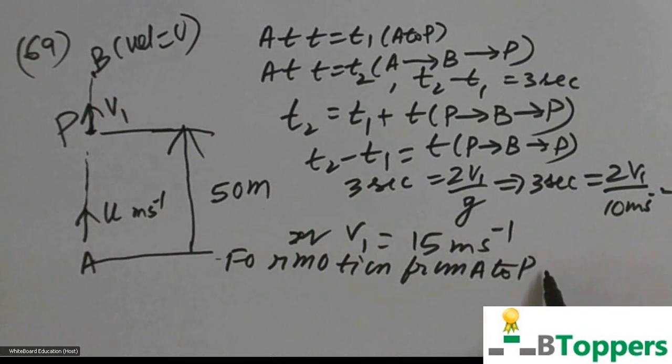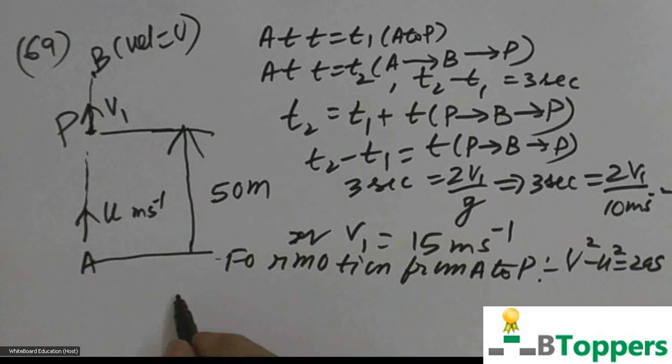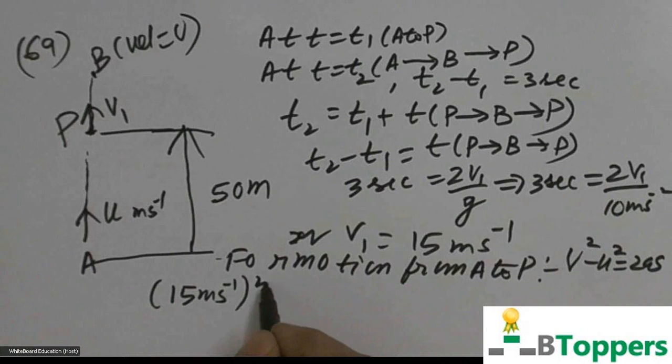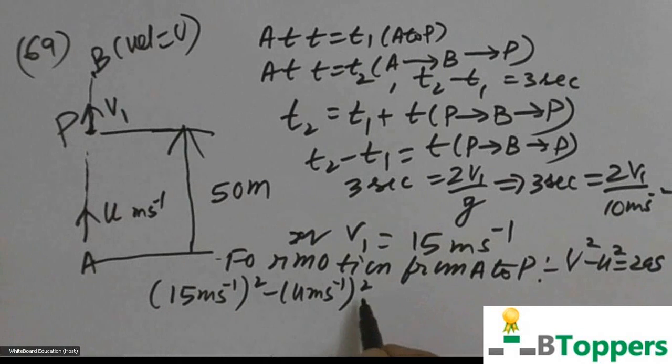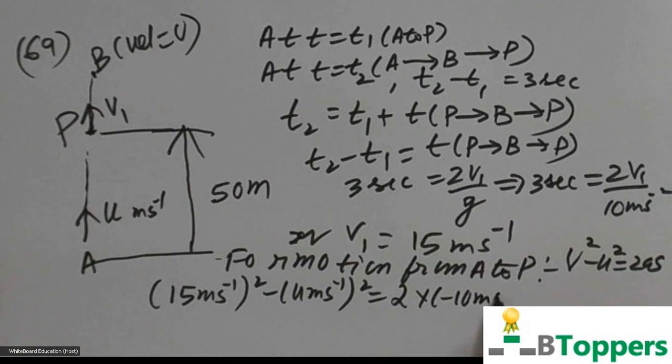Next, you use the equation v square minus u square equal to 2as for upward motion from A to P. Final velocity at P equal to v1, that is 15 meter per second. Initial velocity at A equal to u meter per second. The acceleration a can be written as minus g, that is minus 10 meter per second square. Displacement for motion from A to P is 50 meter.